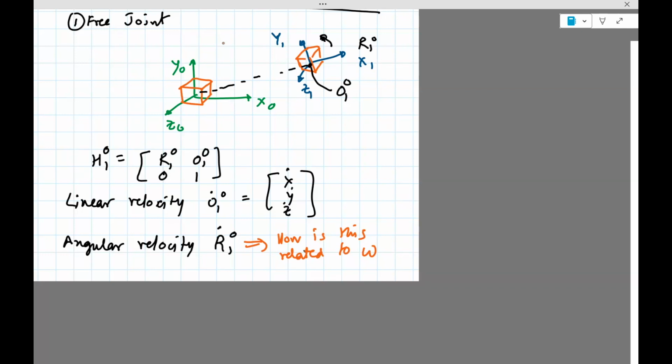Because the way we describe a body is through its angular velocity. But the notion is that if you take the derivative of H, you should get angular velocity. So we need to somehow relate R dot with the angular velocity. Okay, so we'll get to that next.